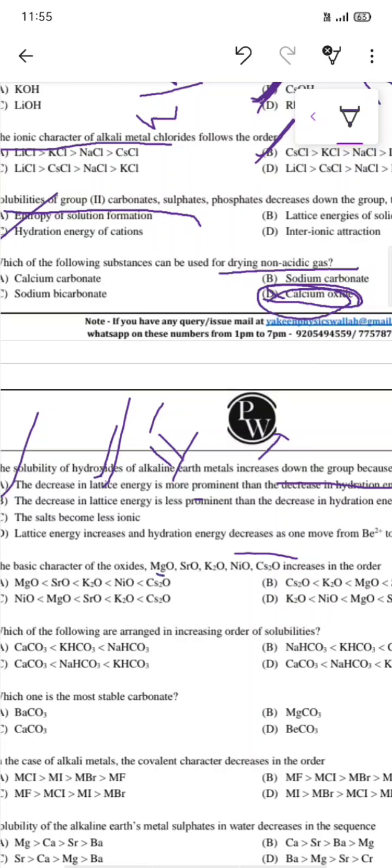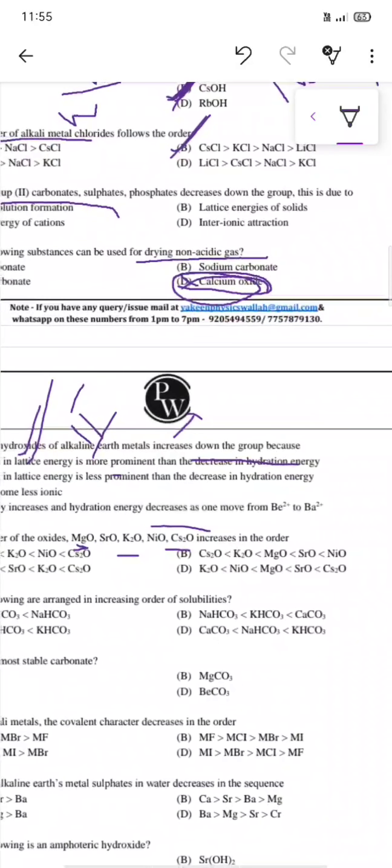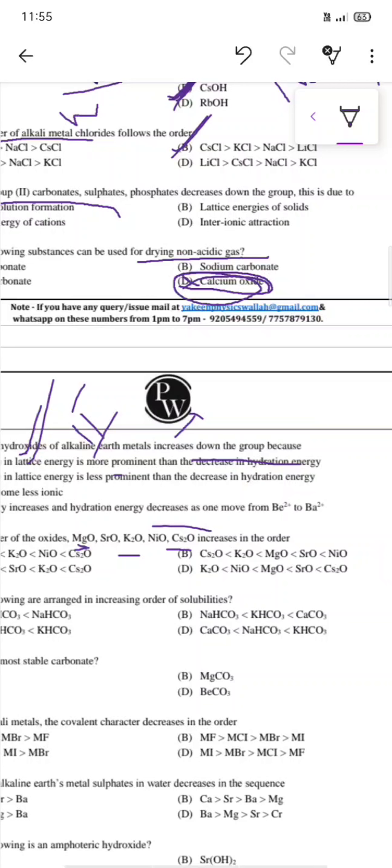Okay, this is Mg, Ca, Sr. So SrO is greater than MgO, and CsO is greater than K2O.